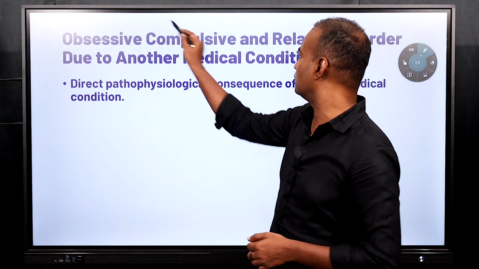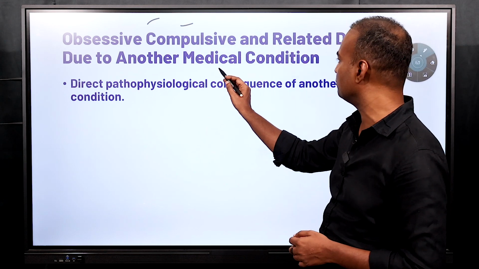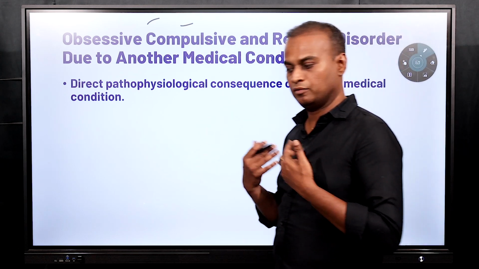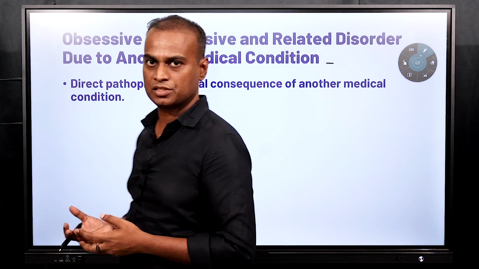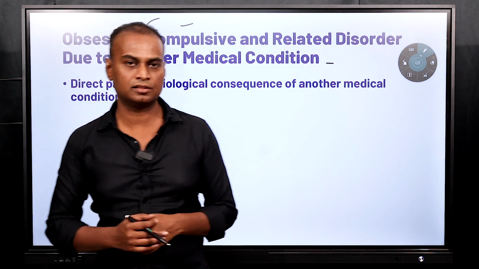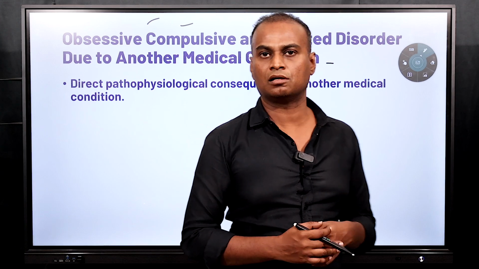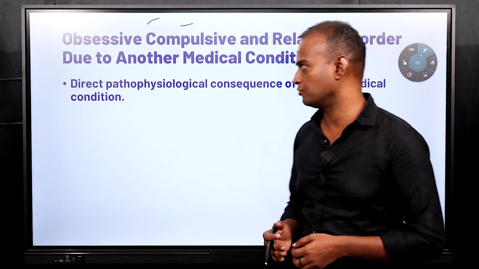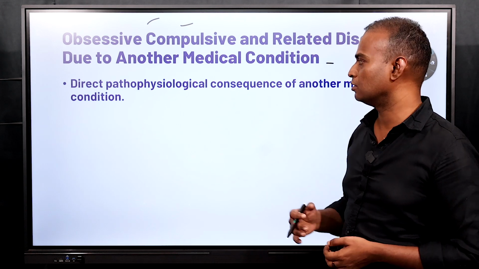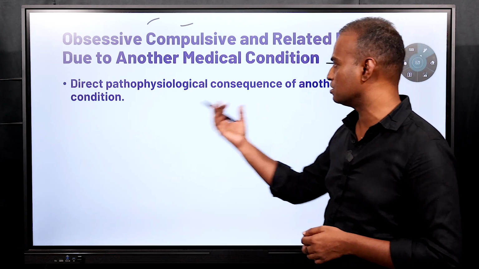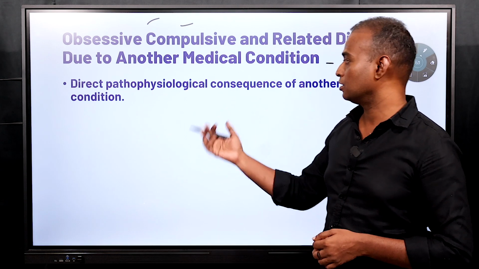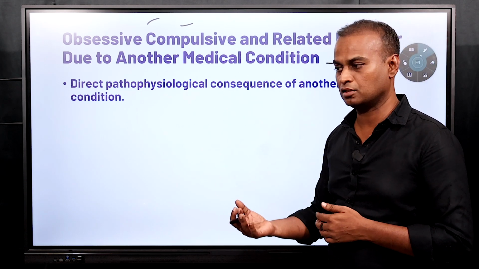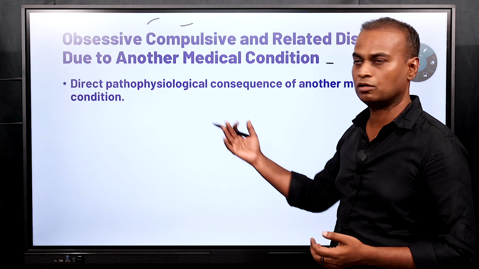Next one is obsessive compulsive and related disorders due to another medical condition. For example, I have seen these obsessions and compulsions in other disorders like Creutzfeldt-Jakob disease, subacute sclerosing panencephalitis, and Duchenne muscular dystrophy. So not only in psychological or neurological disorders, you can see these obsessions and compulsions when there are other disorders which are not directly psychological.